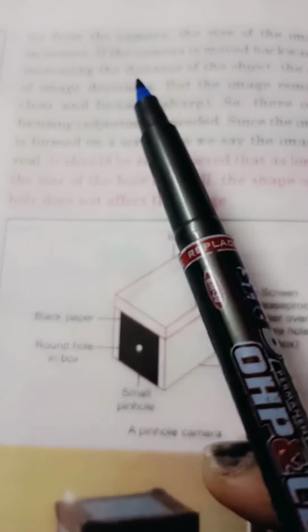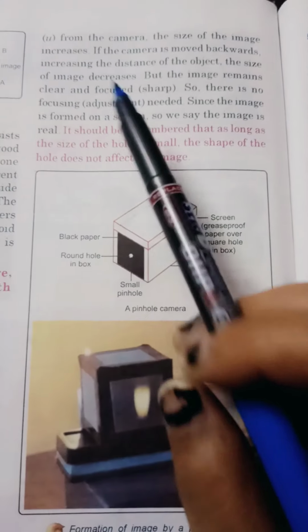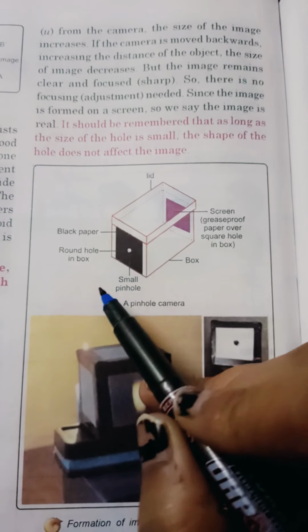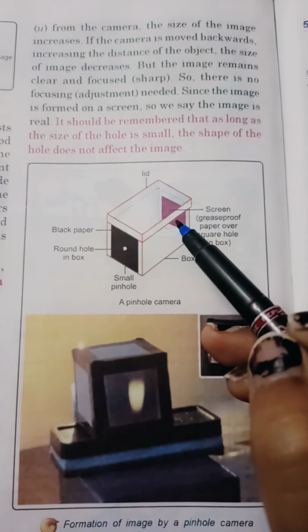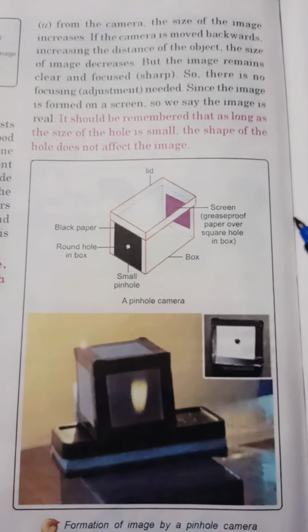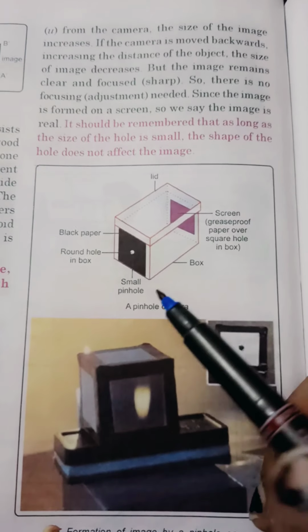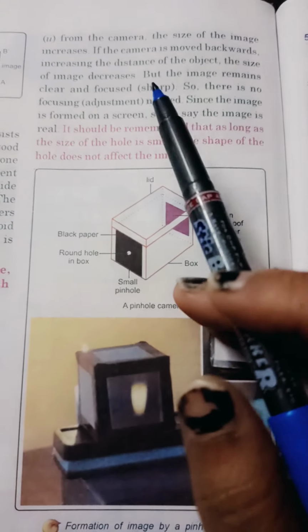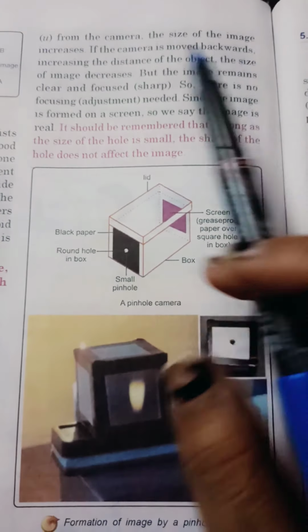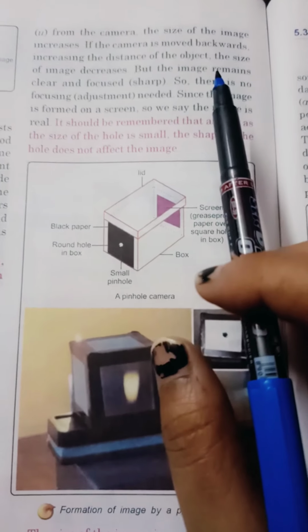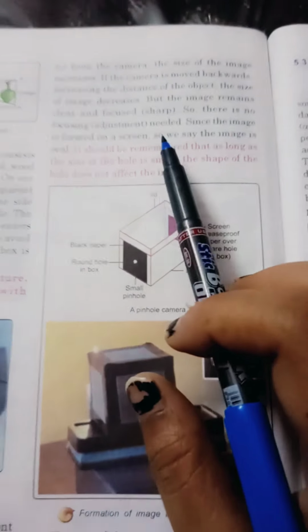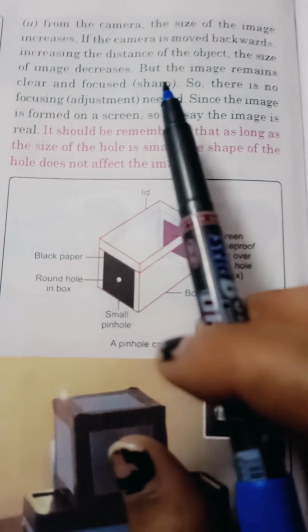the image decreases. Now if we take the candle away, the size of the image formed over here will decrease, it will become much smaller than earlier, but the image remains clear and focused, sharp.